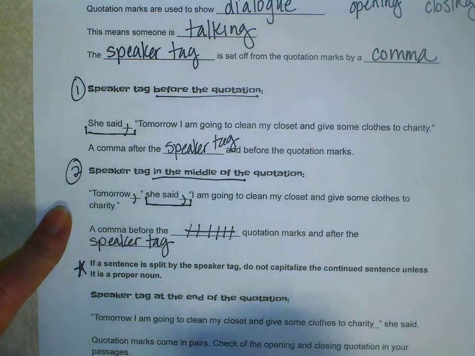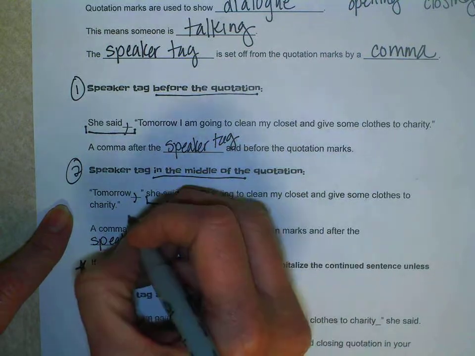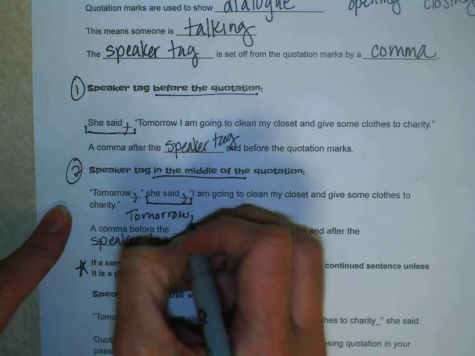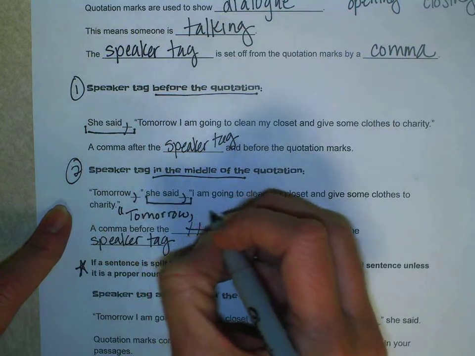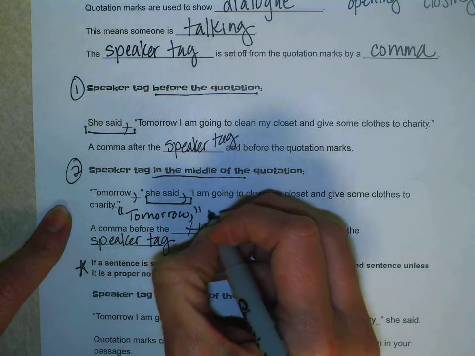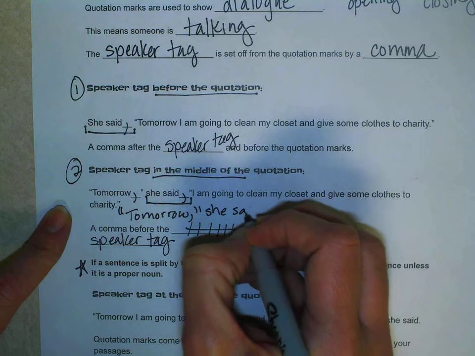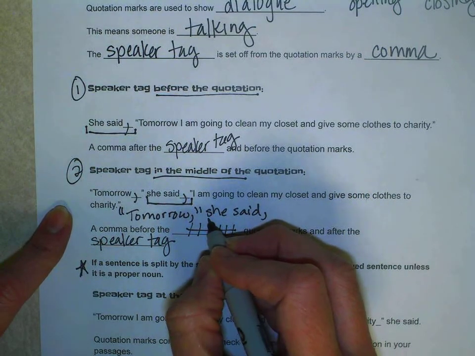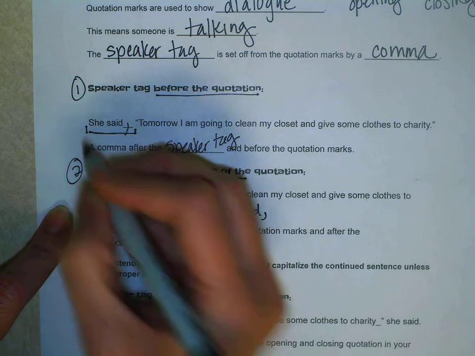So I'm going to go ahead and write that. If she was going to say, "Tomorrow," she said, and you notice I don't capitalize the speaker tag unless it comes at the beginning, okay?